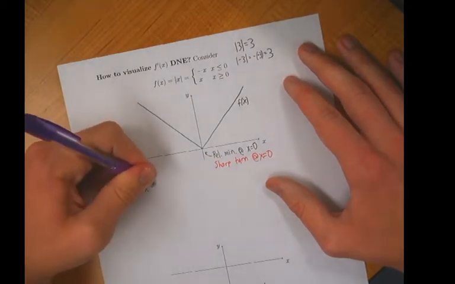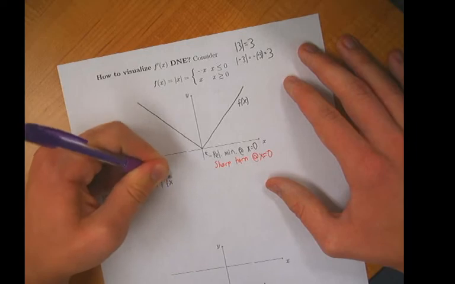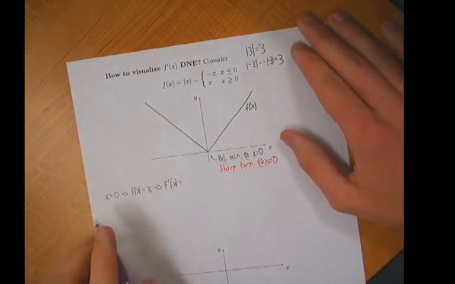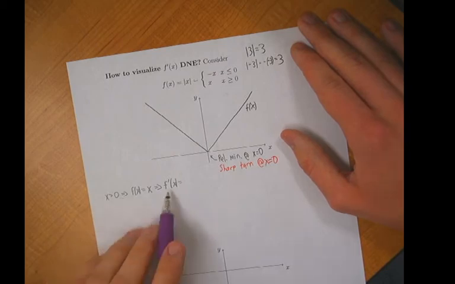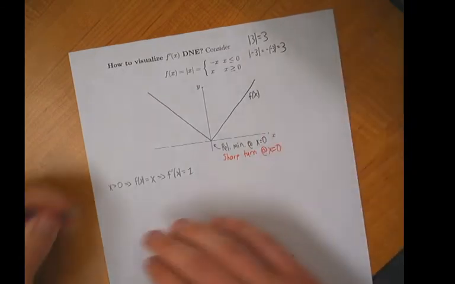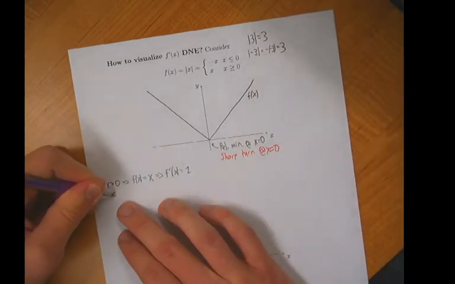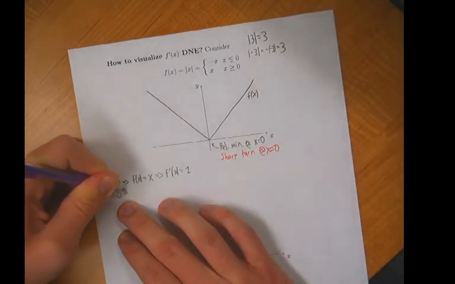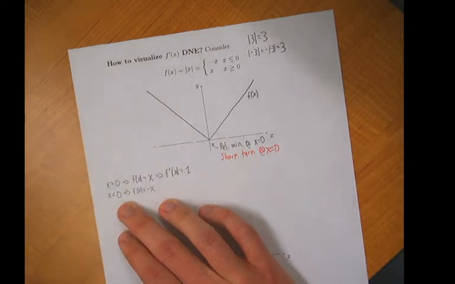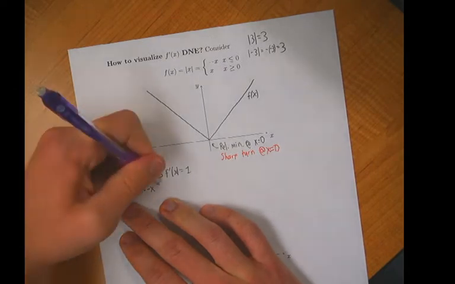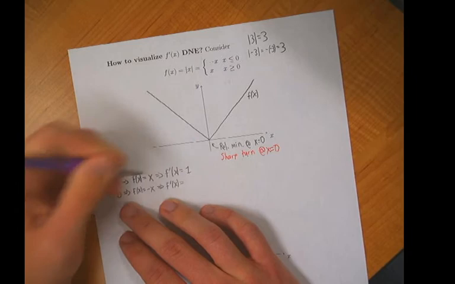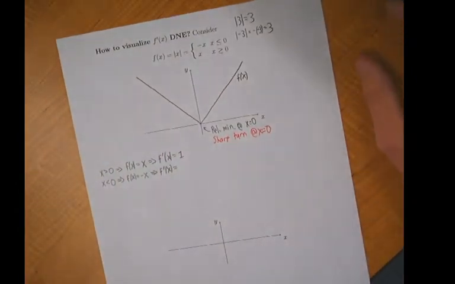If we take the derivative of that, a quick application of the power rule tells us that when x is greater than 0, its derivative is just 1, right? Okay? And then if we do a similar thing with x less than 0, we have f of x equal to negative x. So a quick application of the power rule should then tell us that f prime of x is equal to what?